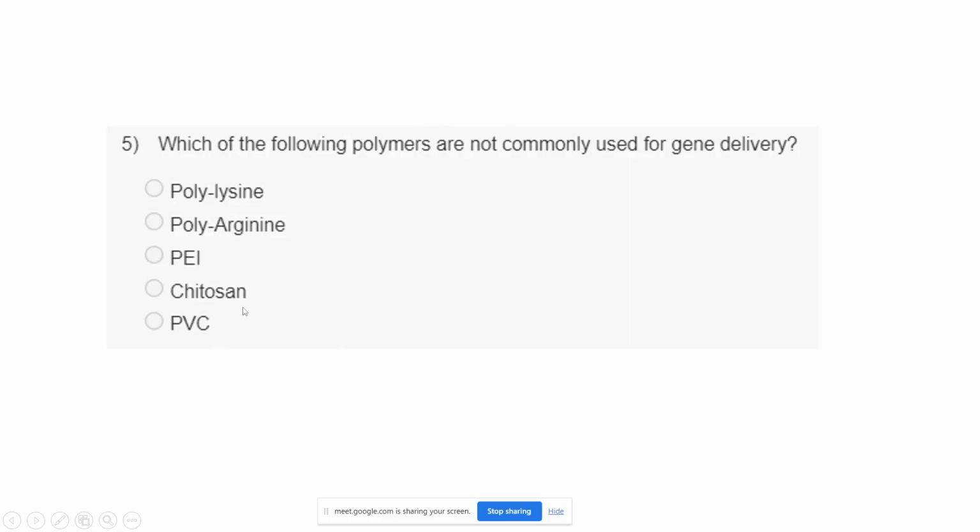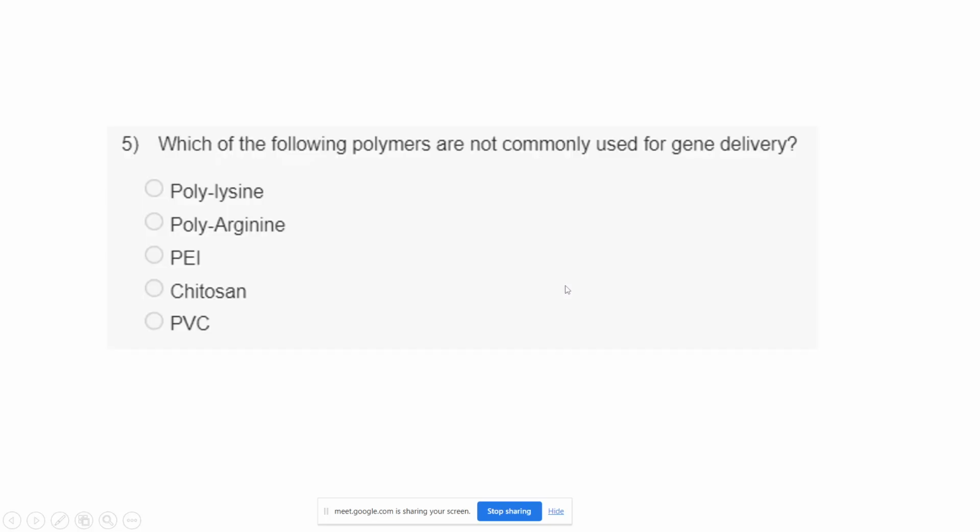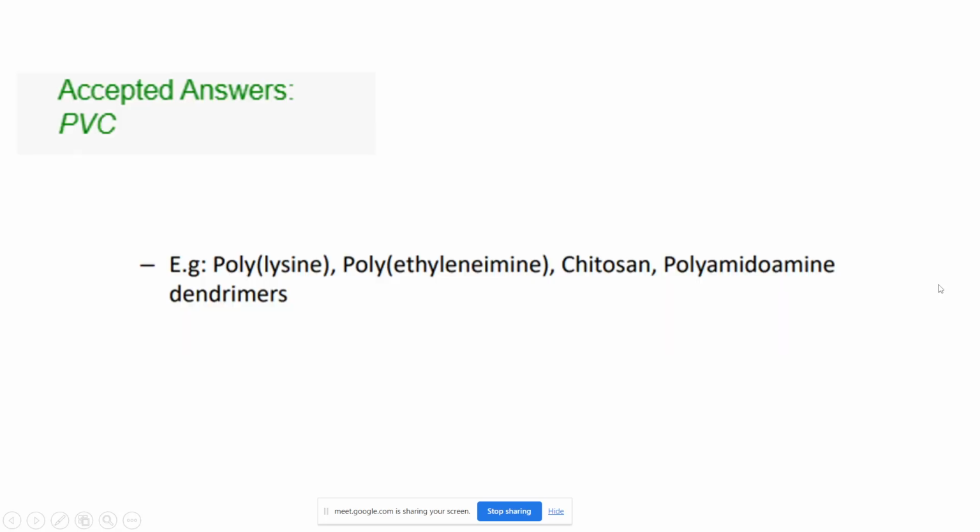Apart from this, all of them are used for gene delivery. Most of them are positively charged. Polylysine or polyarginine, lysine and arginine are positively charged amino acids. So polylysine, polyarginine, also PEI and chitosan, that is polyethylenimine, and chitosan are also positively charged polymers that can be used for gene delivery. PVC is the only polymer that cannot be used for gene delivery. So PVC would be the correct answer.